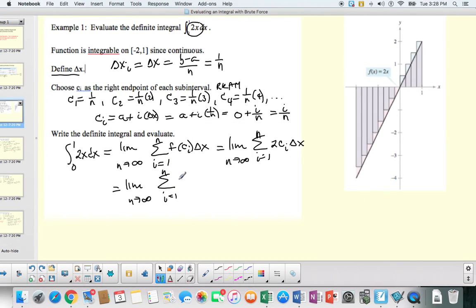And remember that c sub I, I'm calling I over n, and delta x, remember here, is 1 over n.